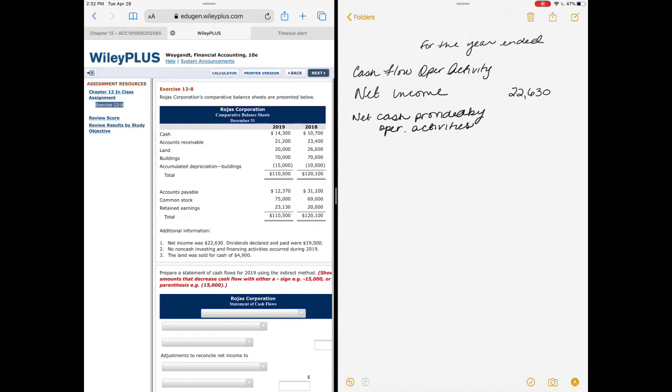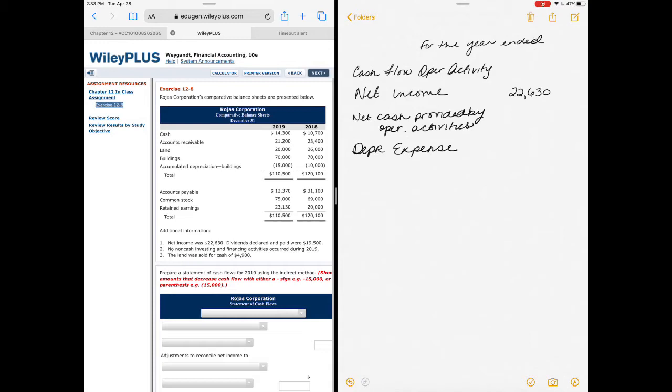And then we're going to list out any changes that we had for that operating section. Remember, I said to always start with your depreciation expense because it's not going to jump out at you, but you know you have it. So we'll start there with our depreciation expense. And the difference in my accumulated depreciation between the years is going to be what the depreciation expense was that year.